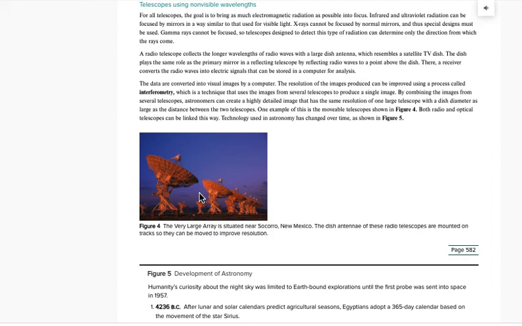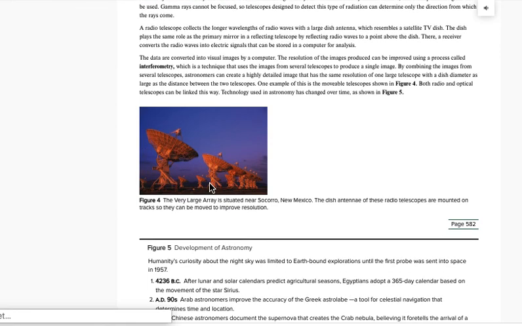That combined power, the process, is called interferometry, and the distance between the two telescopes basically is the magnitude of the overall image that you can get. So by spacing out the two telescopes and focusing on the same image, you can get a much larger view than what you would get with one telescope alone.